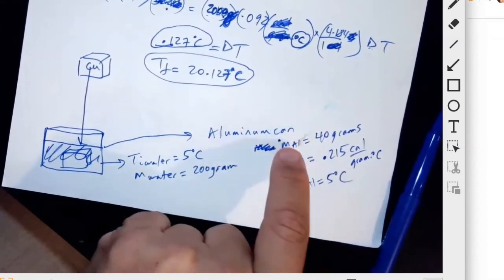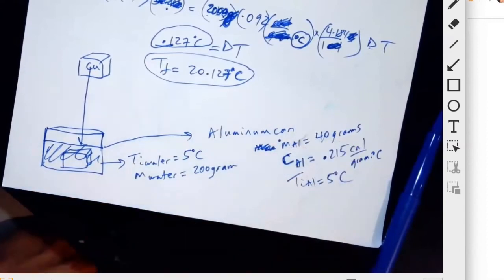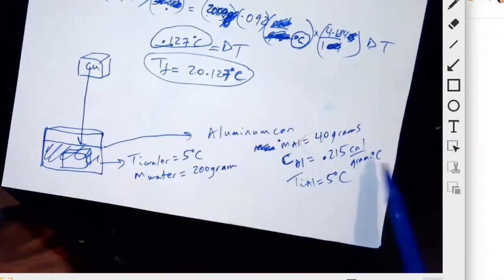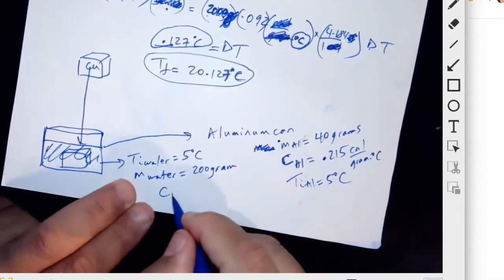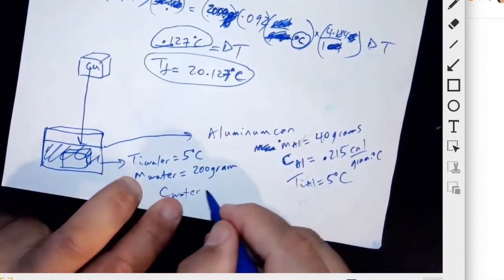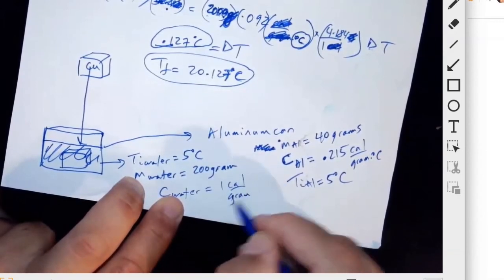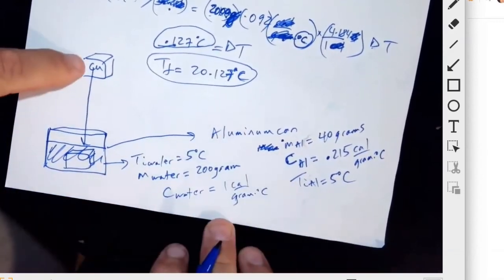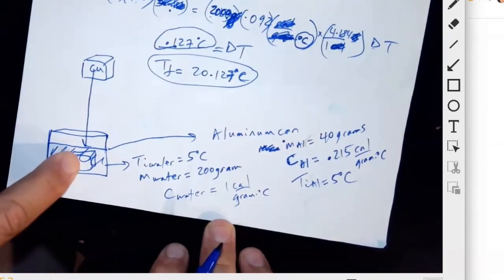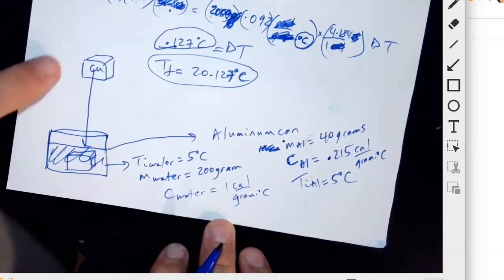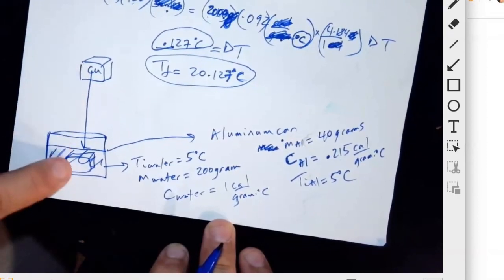The mass of the aluminum can is 40 grams. The specific heat of aluminum is 0.215 calorie per gram. Specific heat of water, 1 calorie per gram. And this copper block falls into it. So what's the final temperature of this mixture with the copper together with the water and the can?